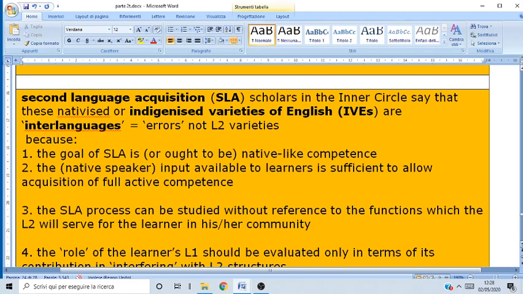So according to some scholars that work in the inner circle, the Englishes that are used in the outer circle, that they call IVE, indigenized varieties of English, are errors. They're not L2 varieties.